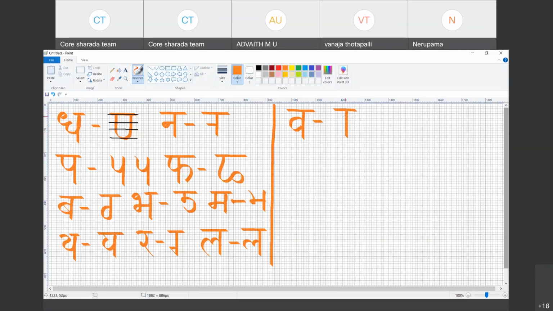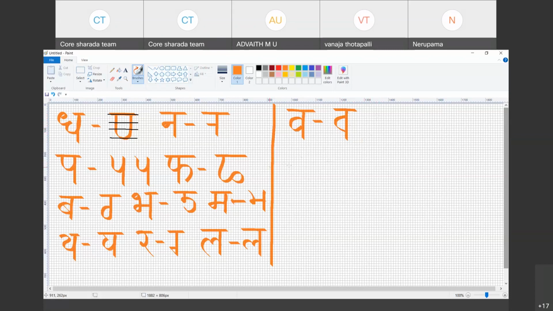We're going to make a curve like this and keep some space between these 2 points, point 1 and point 2. So they'll be a little away from each other. And then you'll draw a curve here. This is va.